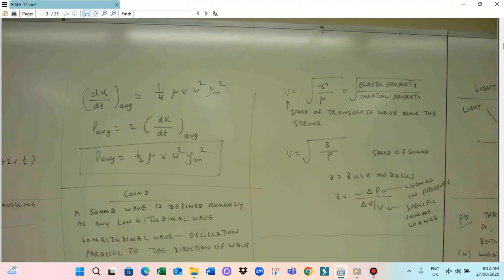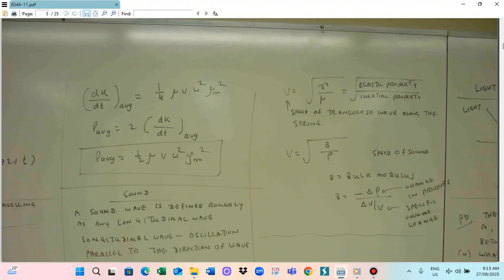So this is what the velocity is: the speed of the transverse wave along the string. The speed of the transverse wave along the string is the square root of the elastic property divided by the inertial property.